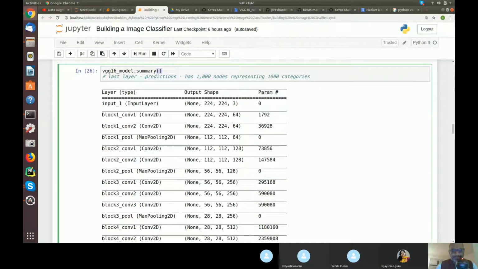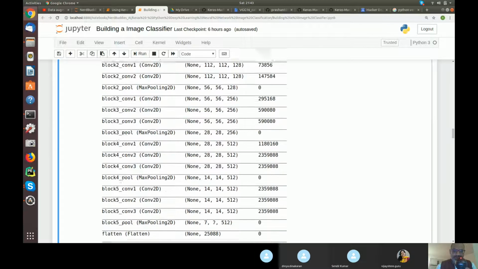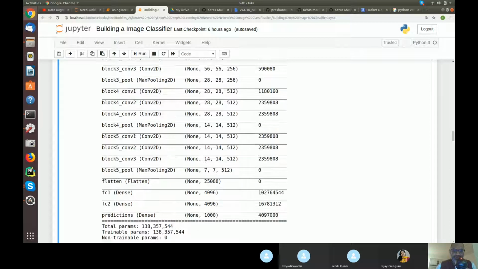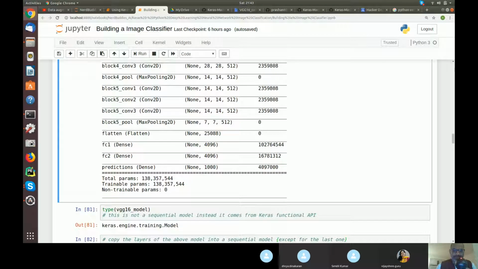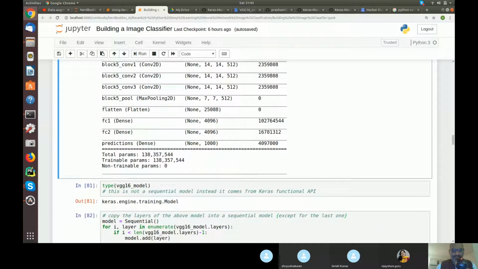It's essentially showing the input layer, which was 224 by 224 pixels and 3 for red, green, and blue. And then it has some convolution layers and doing some max pooling. All these we'll discuss later. But essentially, a whole bunch of convolution layers, max pooling, finally flattens them out, and 2 dense layers, and then just the final predictions.